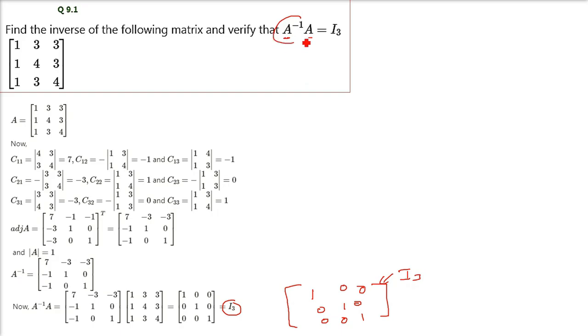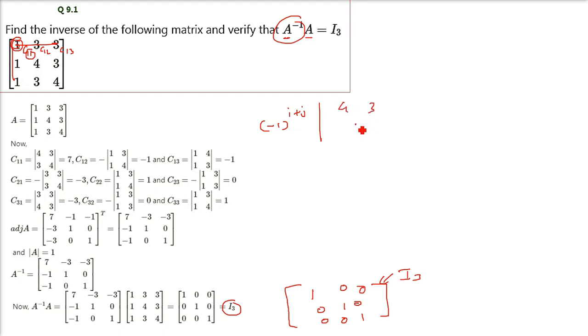So A inverse you already know how to find. Just to recall, for every value the cofactor has to be found out. Once the cofactors are found, these values are placed in the place of the value for which the cofactor has been found. And the cofactor will always take the sign minus 1 to the power i plus j, where i and j are the row and column.